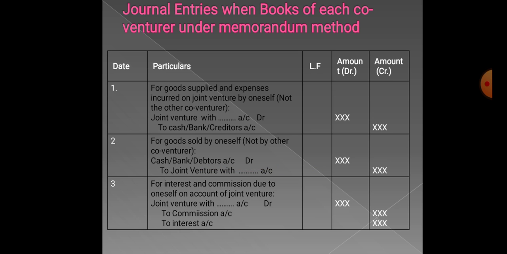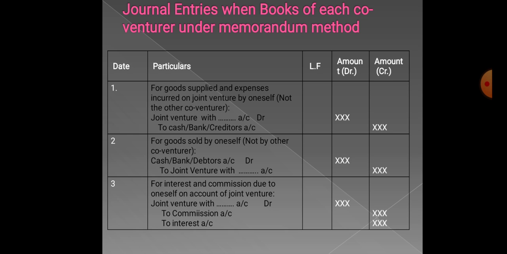So here you see, coming to the journal entries, first one, for goods supplied and expenses incurred on joint venture by oneself, that is by himself, then the entry would be joint venture with so and so account debtor to cash or bank or creditor account.